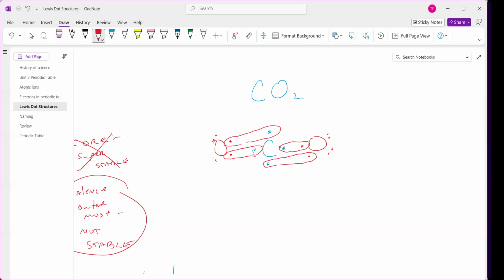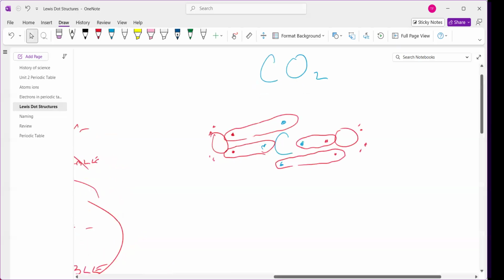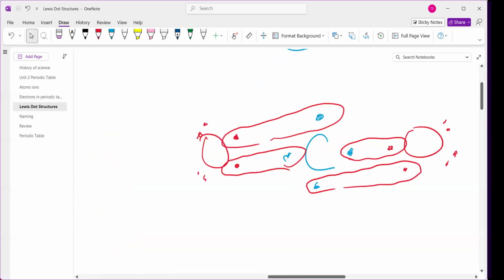But the pairs don't bond. Correct. So are your two dots on the left side of your oxygen molecule a pair or are those singles? On the very, very left? So the right oxygen molecule. That's a pair right there, and that's a pair there.